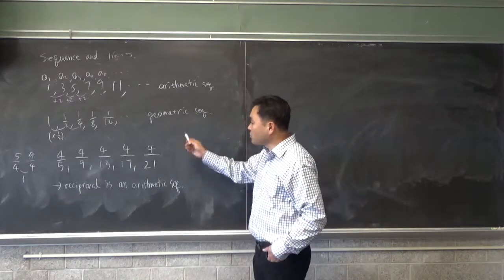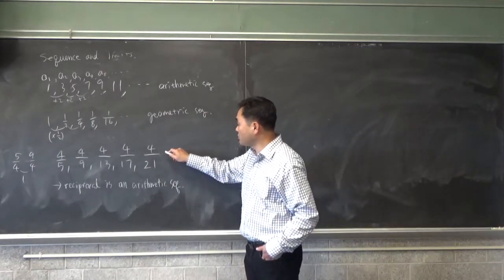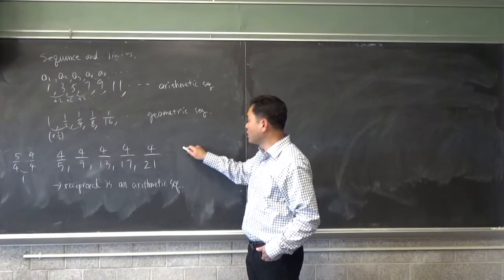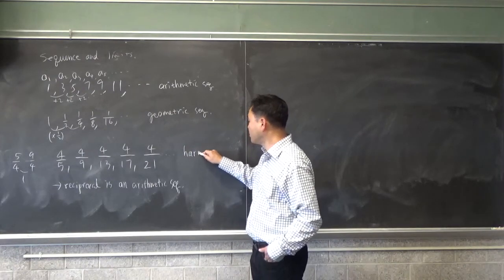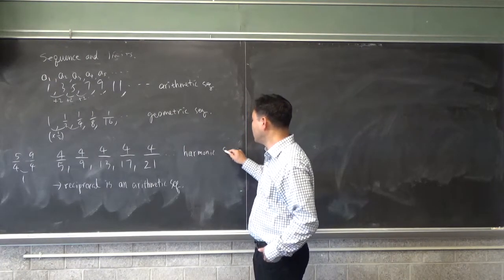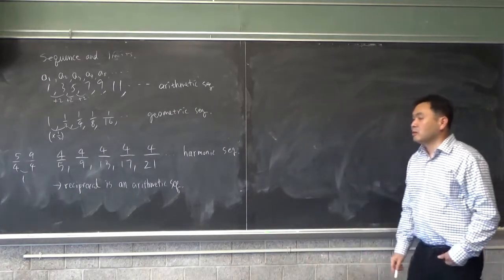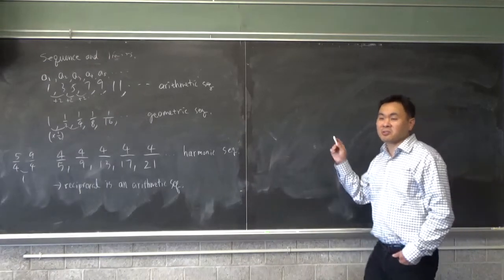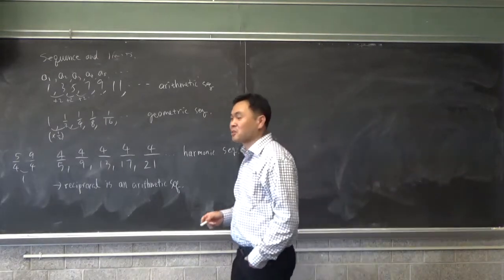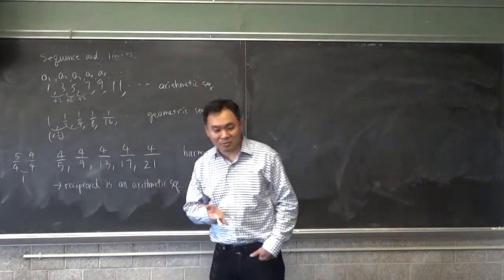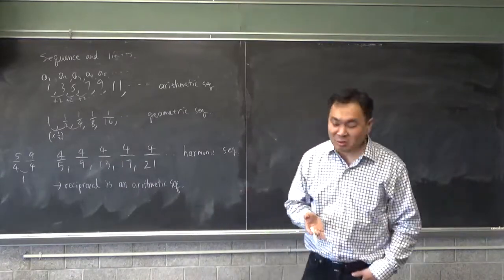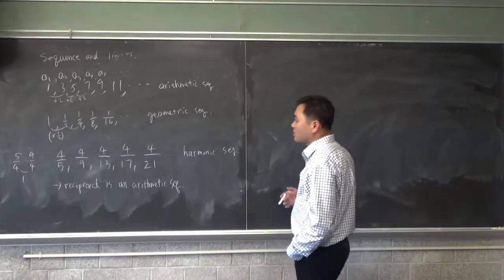If such a thing happens, such a sequence is called a harmonic sequence. And then there are zillions of them. You can have all kinds of sequences, and some of them might not have names.